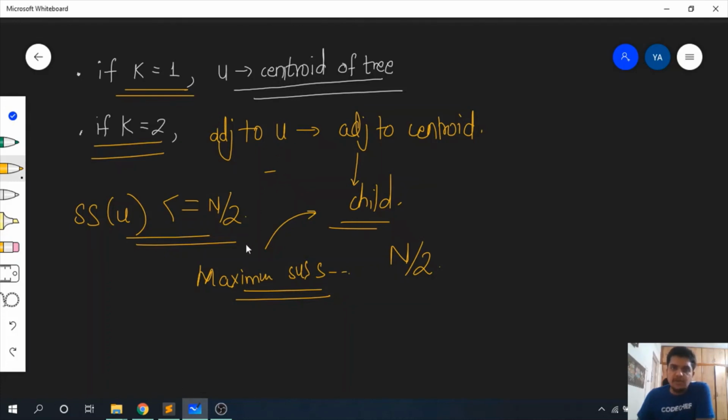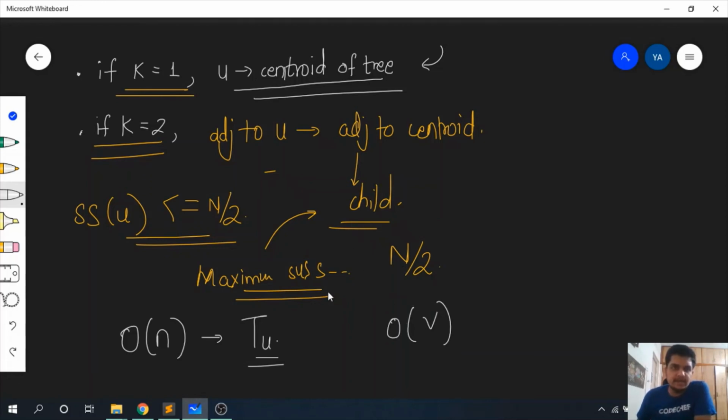Now let us move on to the C++ implementation. Also, before we see the C++ implementation, let us have a quick discussion on the time complexity. Here O(n) is the time required to find the number of topological orderings for node U. And what we have to do is pre-calculate the centroid of the tree, which will be calculated in O of V, where V is the number of vertices.